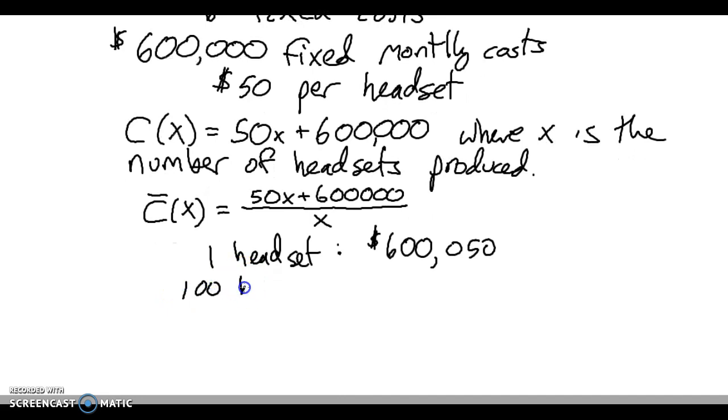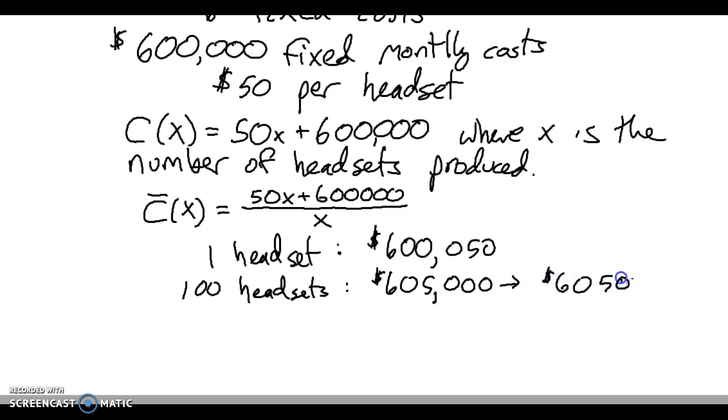100 headsets, while the total cost we said was $605,000. Since I produced 100 of them, if I take this and divide it by 100, that comes out to be only $6,050 per headset.